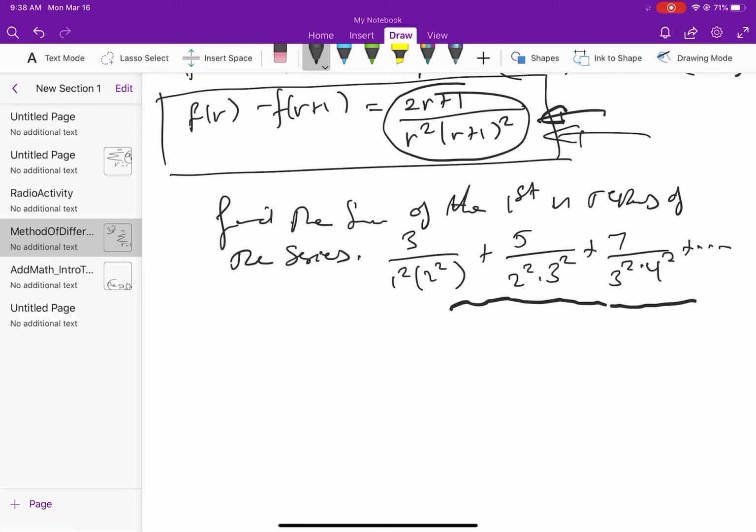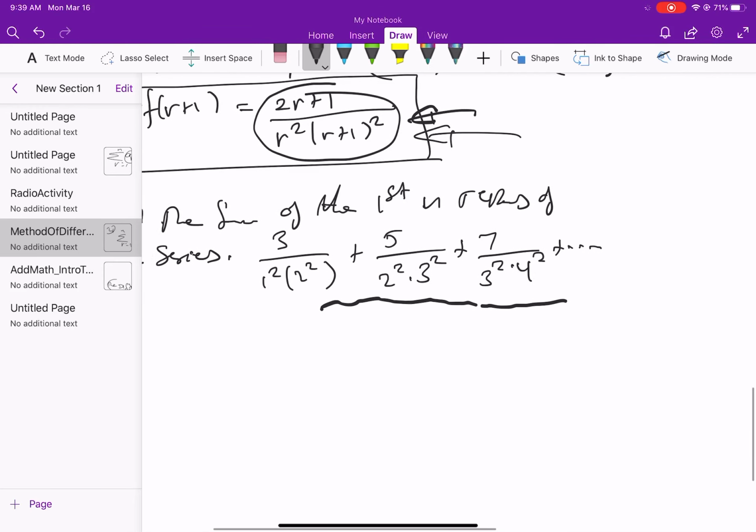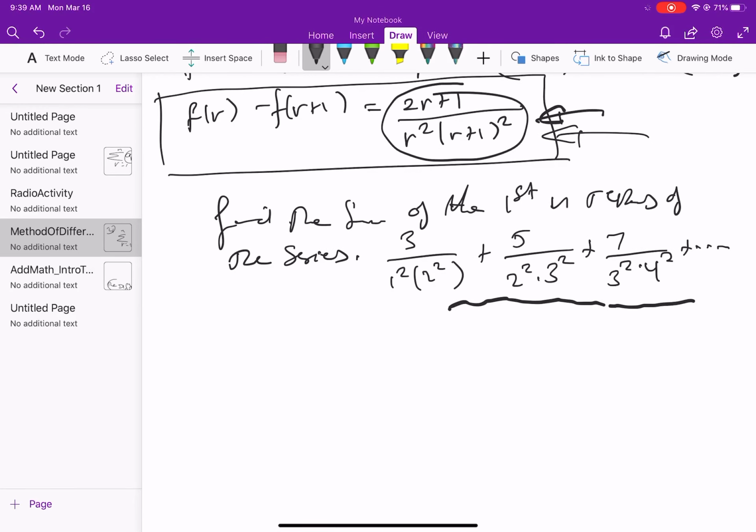So what's the magic? If I can therefore write the sum of the first n terms of this as the sum from r equal 1 to n of 2r plus 1 upon r squared into r plus 1 squared.